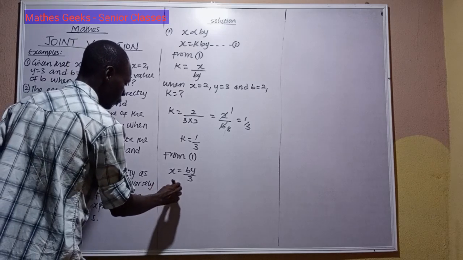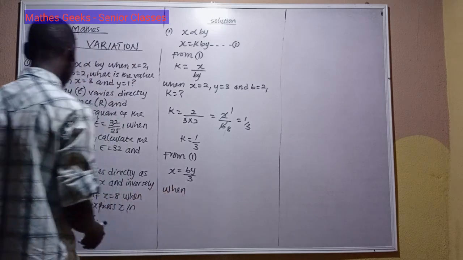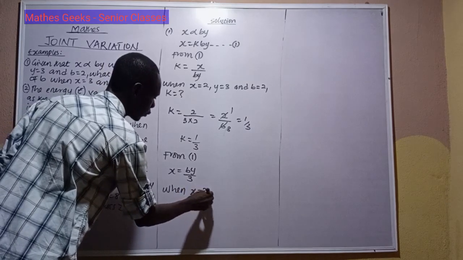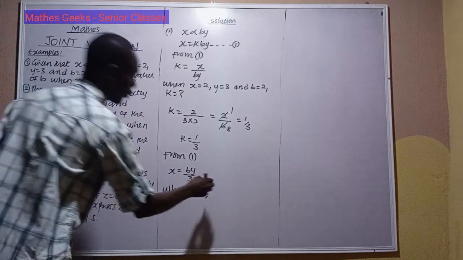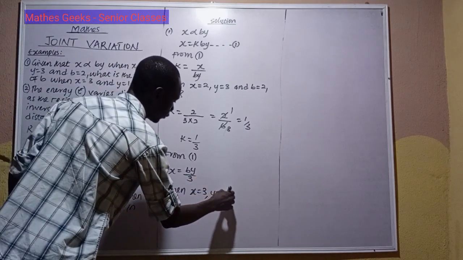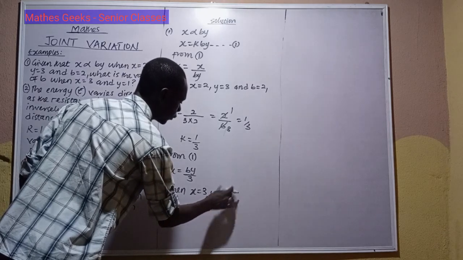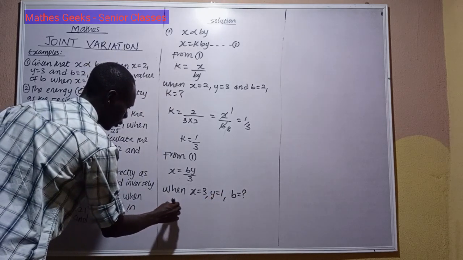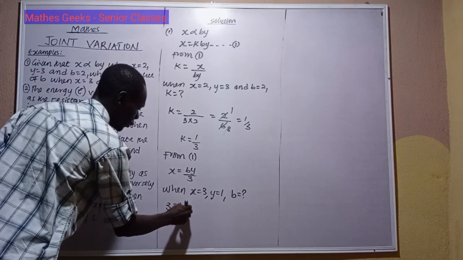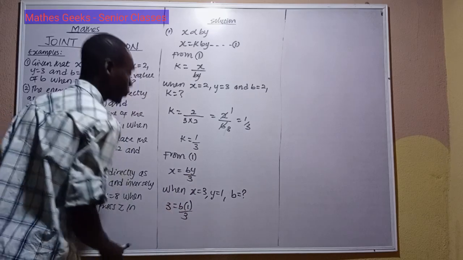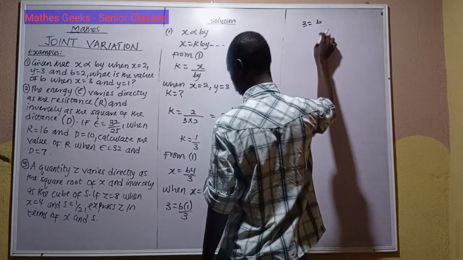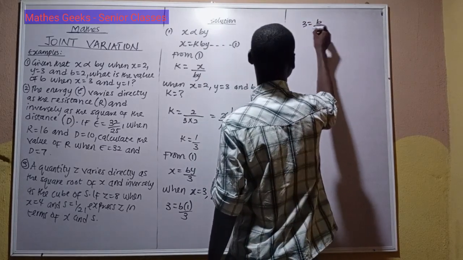So when x is 3, y is 1, x is 3, b times 1 over 3, which is equal to b over 3.